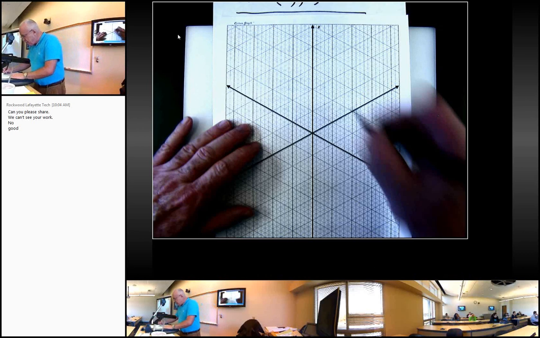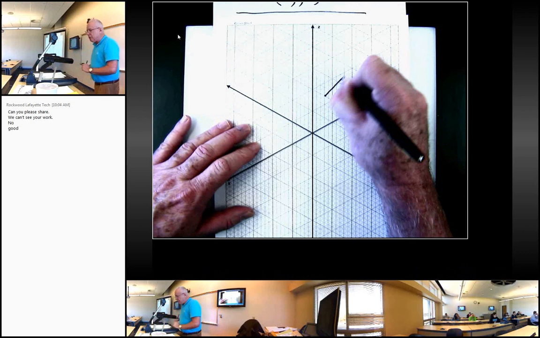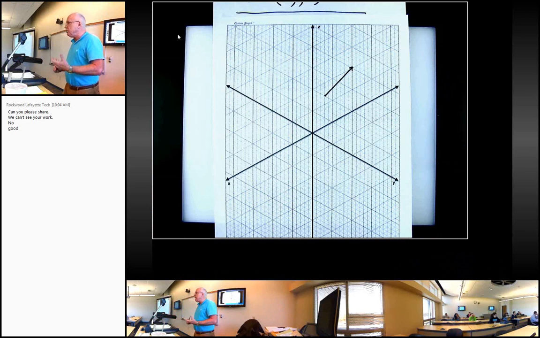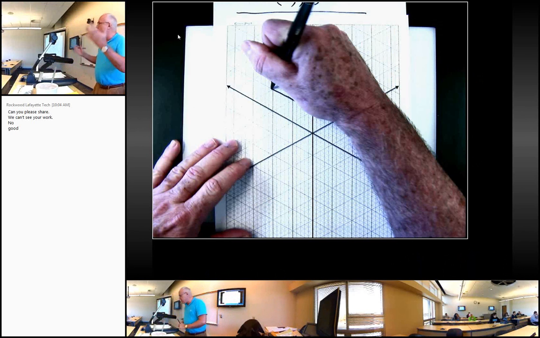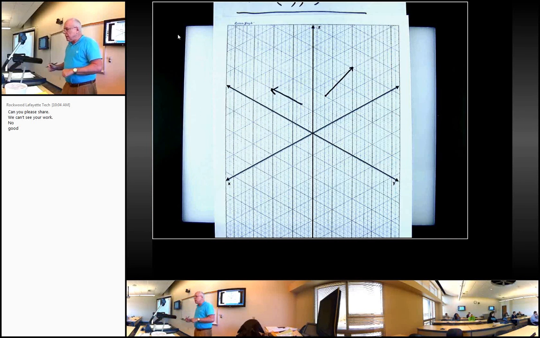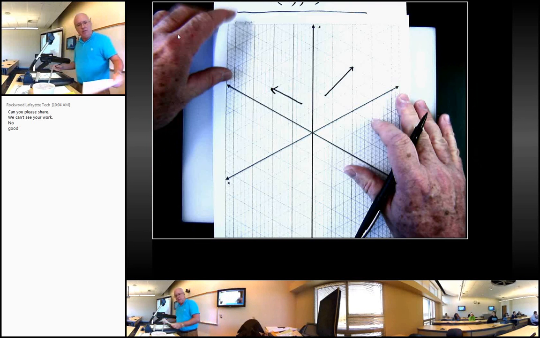But anyway, a vector. We can start here to here. That's a vector. It's got a certain magnitude. It's got a certain direction. So vectors like this, they can go all kinds of different ways. But as far as geometrically, that's the kind of thing that you think of with vectors.